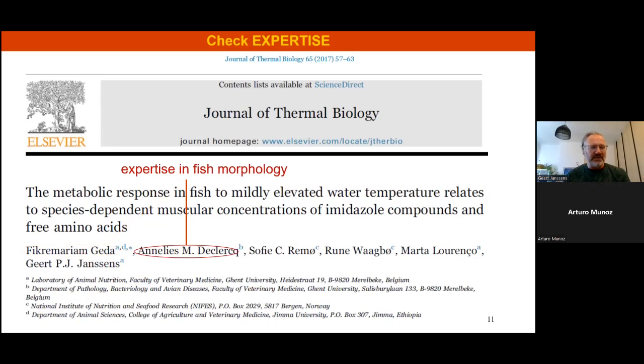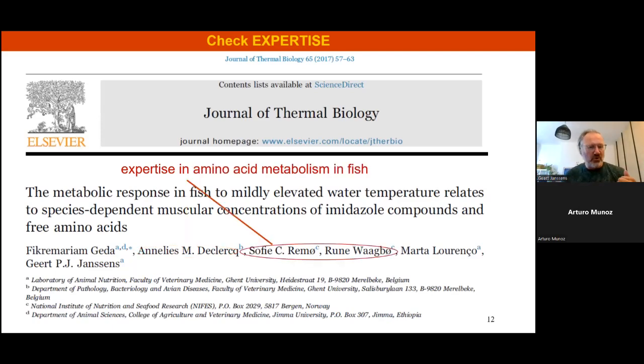The second author there is an expert in fish morphology that we involved because we said, okay, we don't know all the things about how to dissect the fish, what exactly to take out and how to preserve, etc. So we involved her. She's from another department of our university.